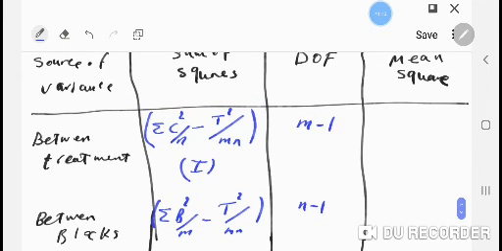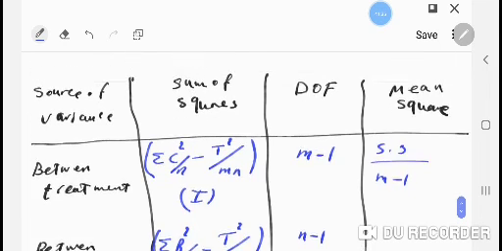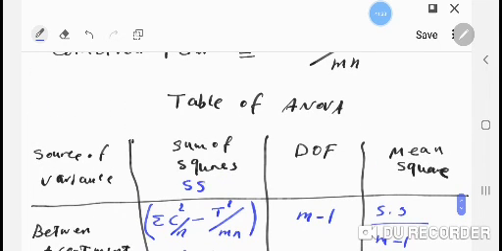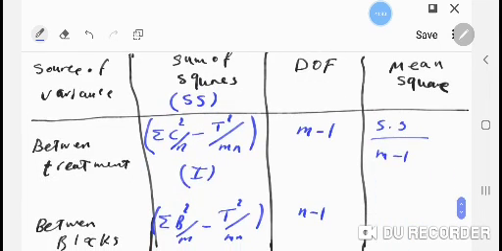And mean square is sum of square divided by m minus 1, this is mean sum of square of between treatment. This is SS, sum of square.